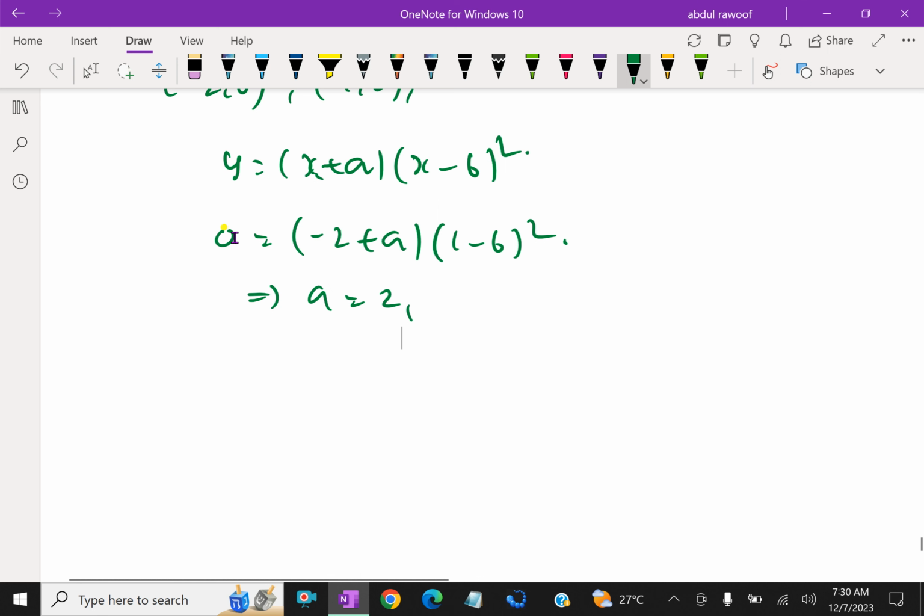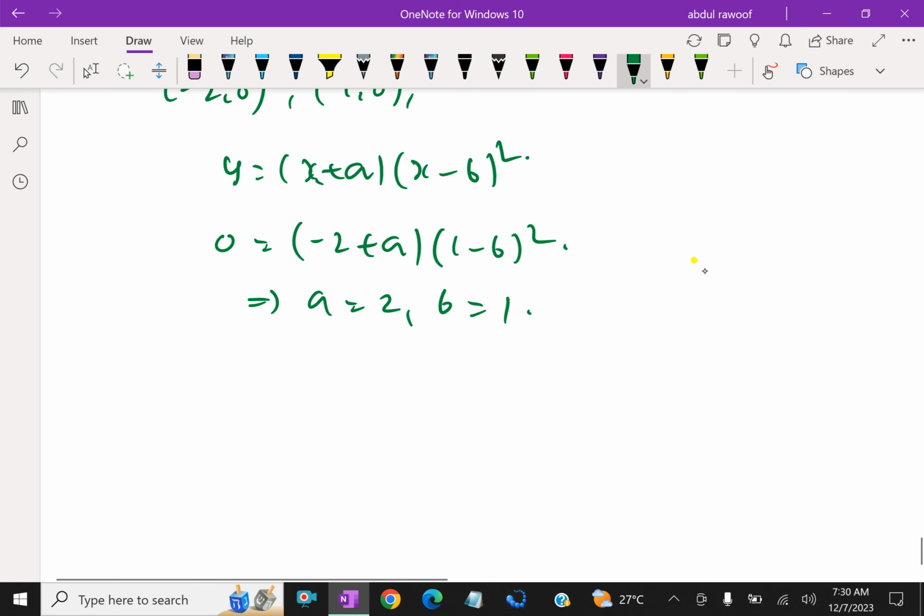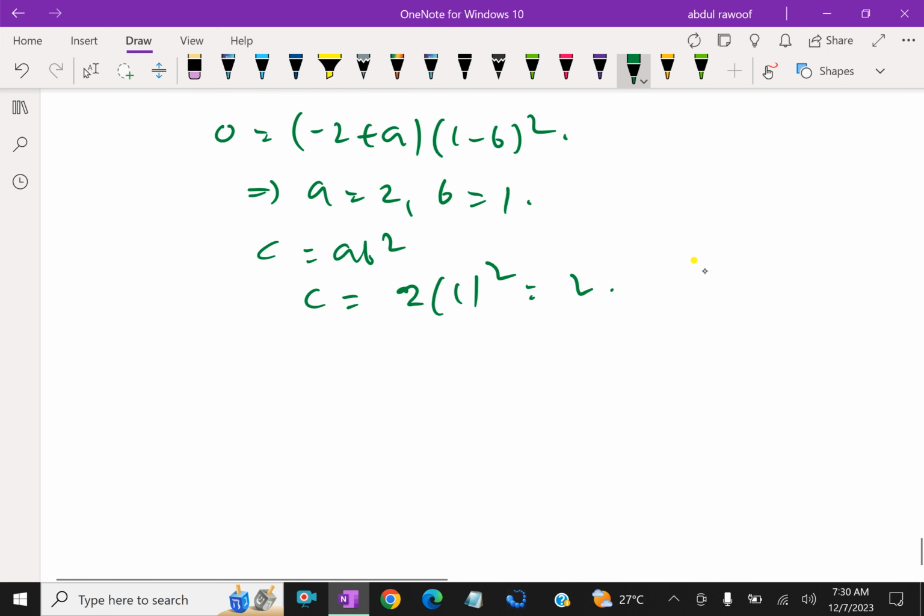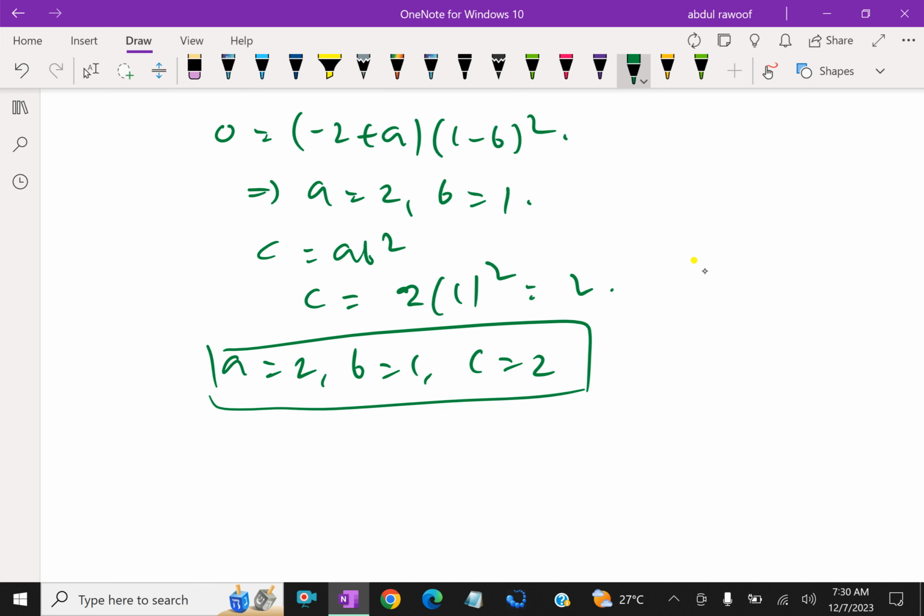Therefore, 1 minus b is also 0, so b equal to 1, and substituting in c equal to ab square, with a equal to 2 and b equal to 1, we get a equal to 2, b equal to 1, and c equal to 2. We got 3 values.